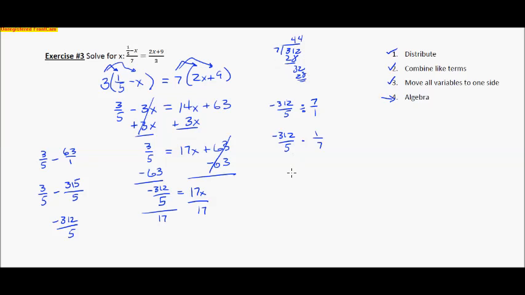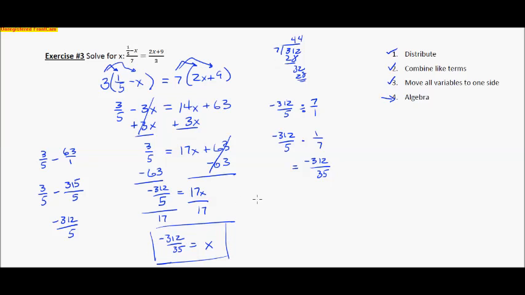So I can't reduce that, so that's okay. When I multiply them together, I just get negative 312 on the top and a 35 on the bottom. So my x is going to be equal to negative 312 over 35. And there's my answer for x.